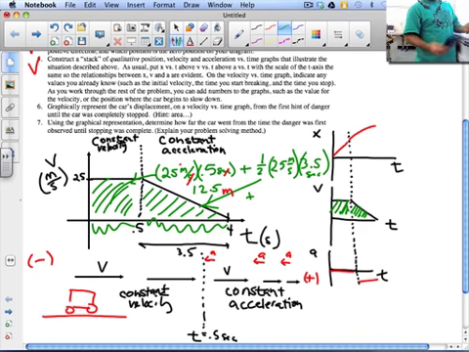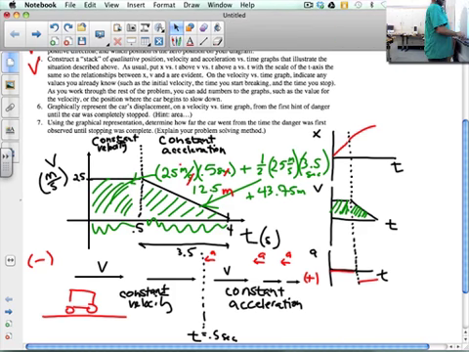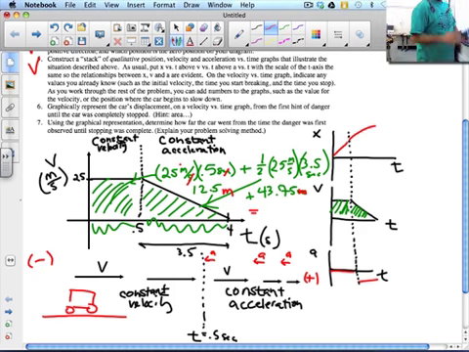I get 43.75 meters. And that's going to be a grand total of 43.75 plus 12.5. I'm going to get 56.25. So I'm just going to call it 56 meters.